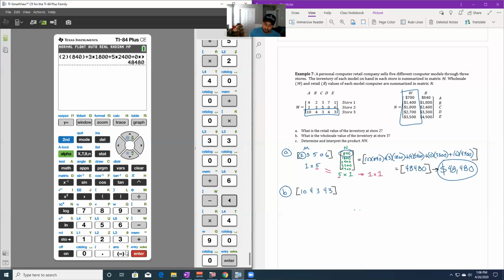multiplied, so this is still matrix M, and then multiplied by matrix N, the wholesale column: 700, 1400, 1800, 2700, and 3500.